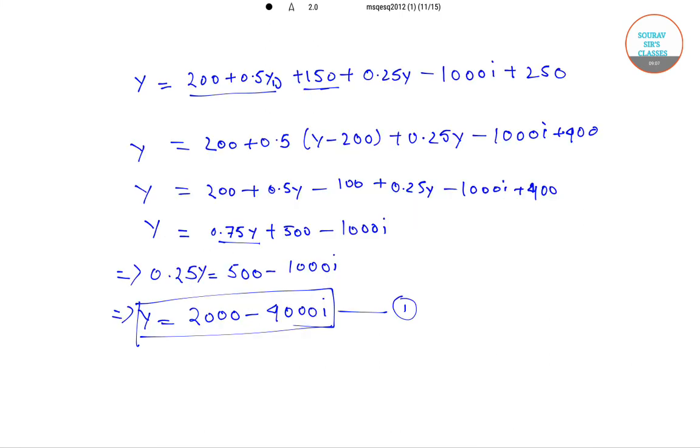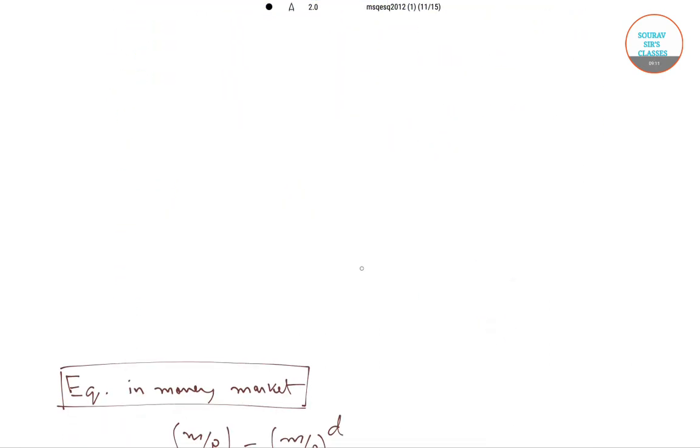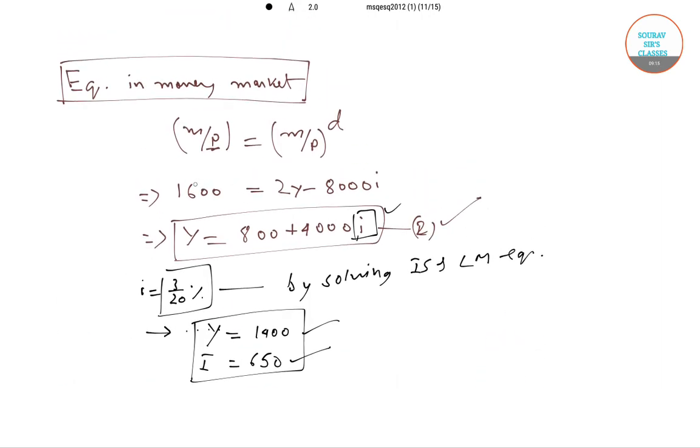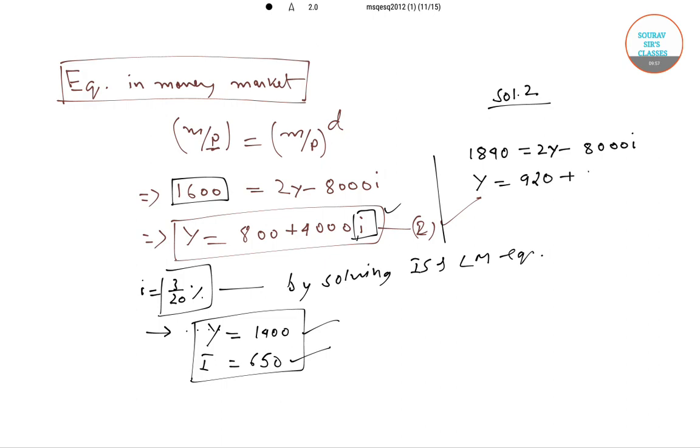So now if you go back to the question again, when we were finding the LM equation, which was the equation in the money market, instead of 1600, for the solution 2, we'll put 1840 equals 2i minus 8000i, and we can get the value of y to be equal to 920 plus 4000i.